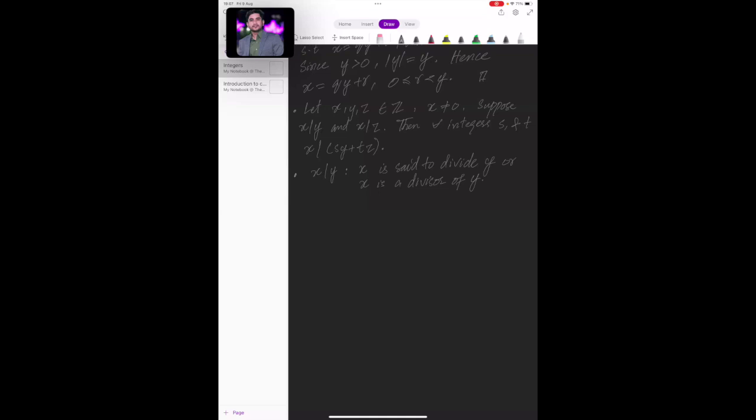And if it does not divide, then we will just slash it. X does not divide Y. These are the notations.